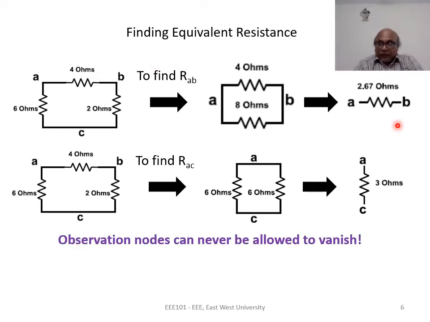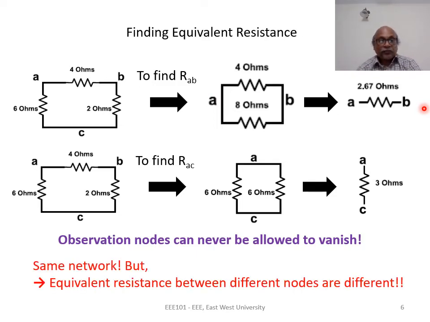So the main lesson that we get from these two analyses is that we cannot do any simplification of the circuit which results in the disappearance of one or both observation nodes. Observation nodes can never be allowed to vanish.